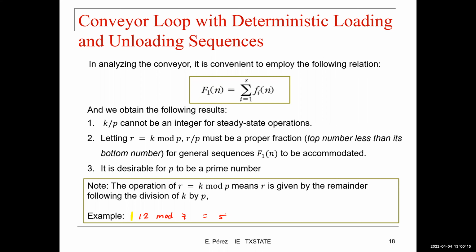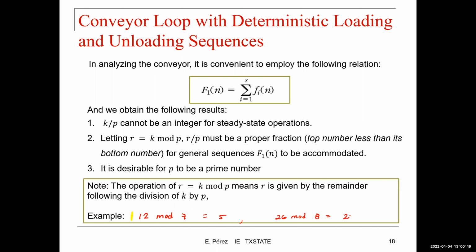So this operation is finding the remainder of the division. Same thing for 26 mod 8. If you do 26 divided by 8, the remainder of that operation should be 2, right? Because 8 times 3 is 24. So you're going to have 2 as the remainder of that operation.